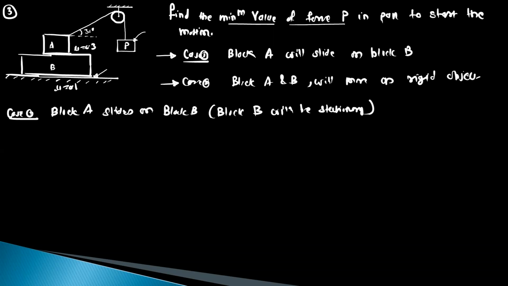And it will completely restrict the motion of the block B. Therefore, when we apply the force P in the pan, only block A will slide on the block B. So by considering this condition, A slides on the block B, we will draw the free body diagram.